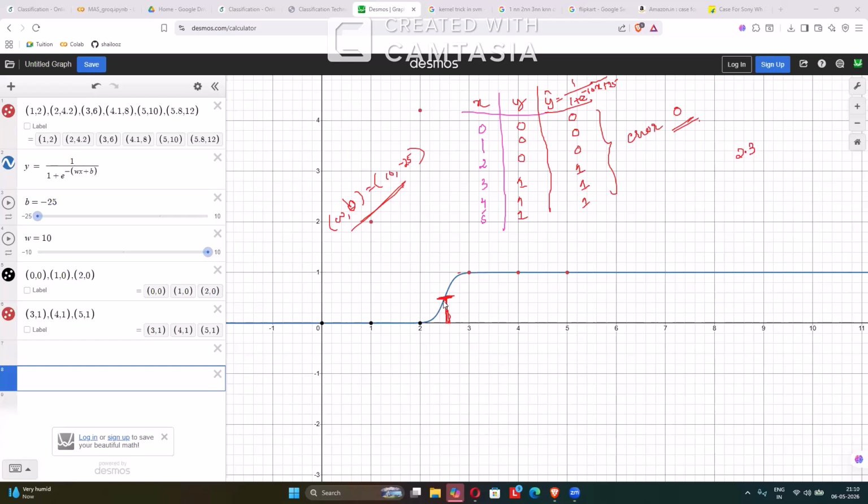So what we are doing is, we will consider this point, that is 0.5, and take this point as a decision boundary, because this particular b is responsible for this shift, and this w is actually responsible for this.